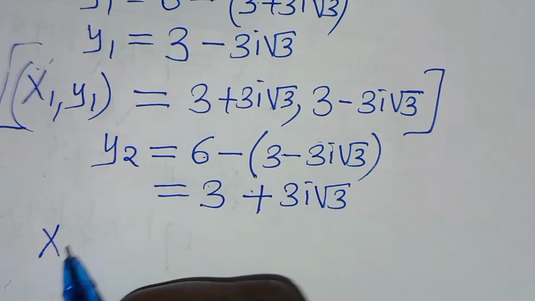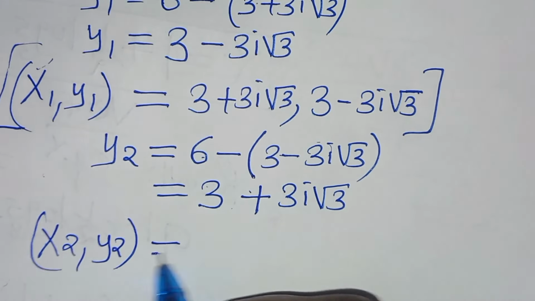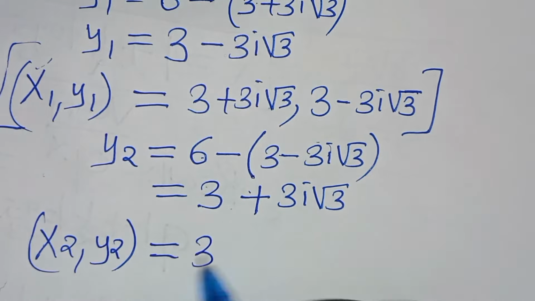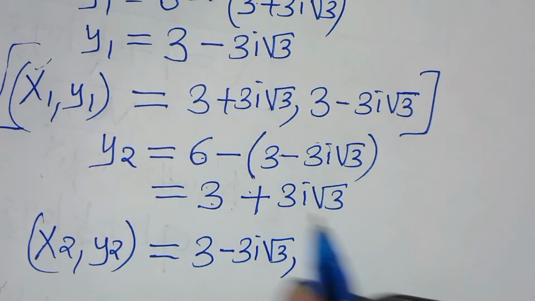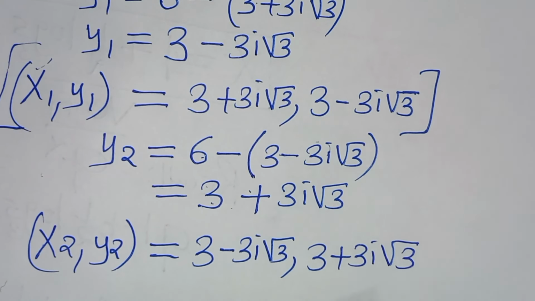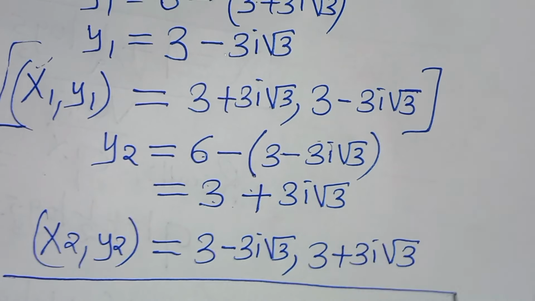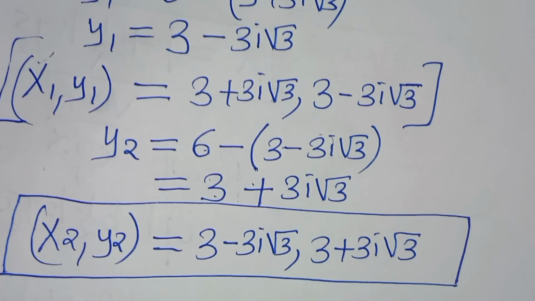So that x2, y2 is equal to 3 minus 3i square root of 3, comma 3 plus 3i square root of 3. So this is the second set of solution that we have from this algebra problem.